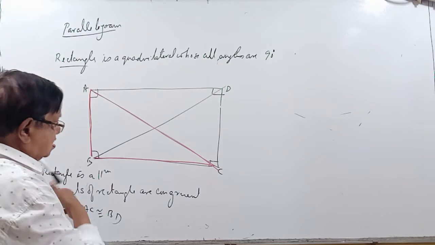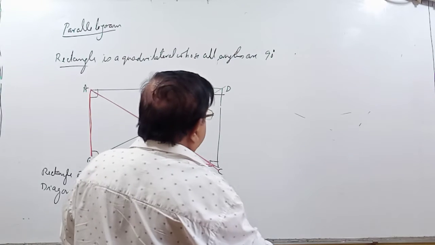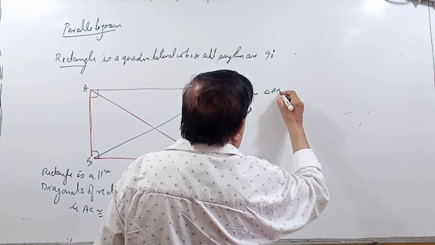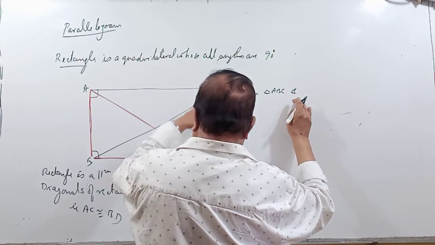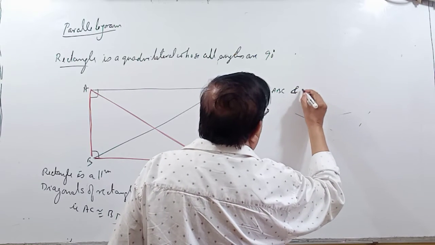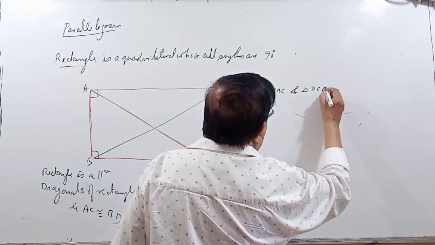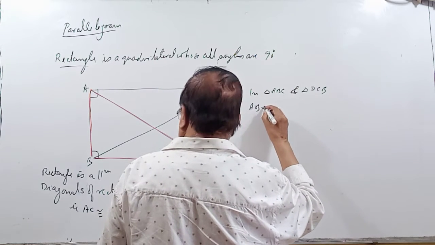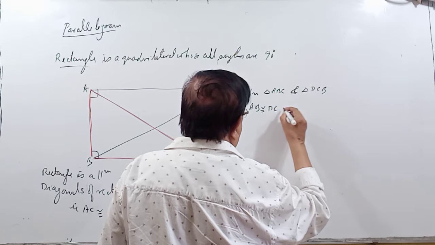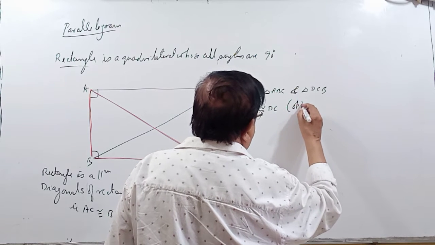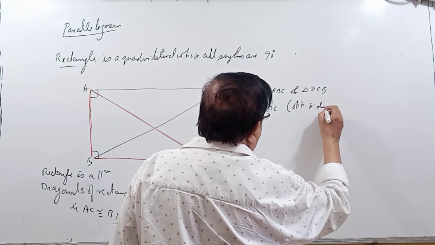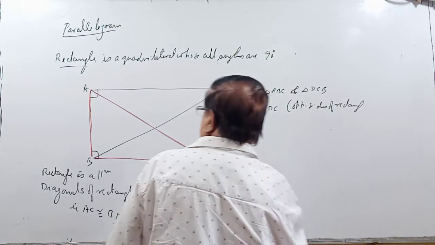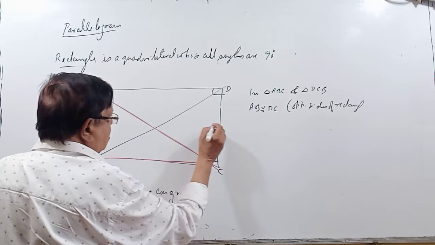Triangle ABC and DCB. AB congruent to DC. Opposite sides of rectangle. They are opposite sides of the rectangle.